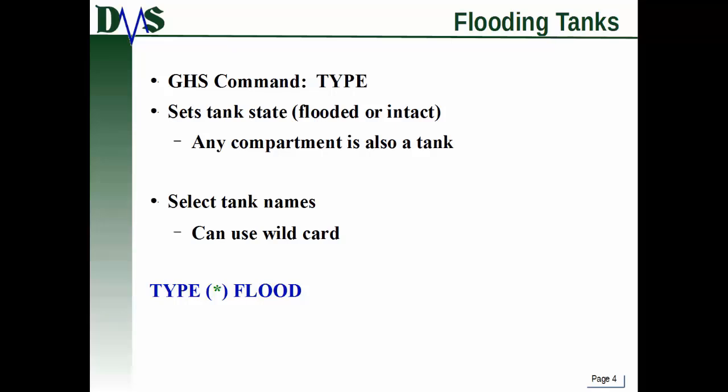And the way you flood them is through the GHS command type. And what that does is that will actually set the tank state to either flooded or intact. Now, when a tank is flooded, it does not automatically fill the tank all the way up. What GHS does is it fills the tank up to the current water line of the vessel.